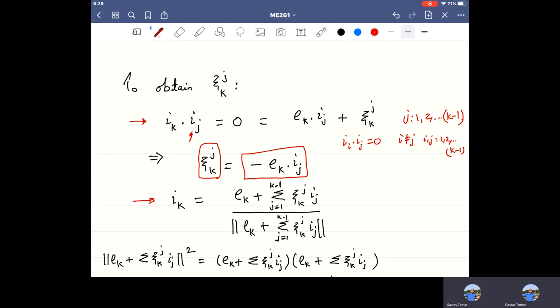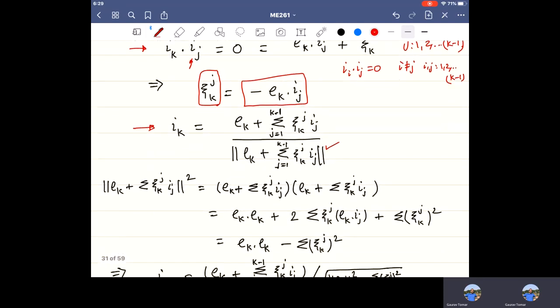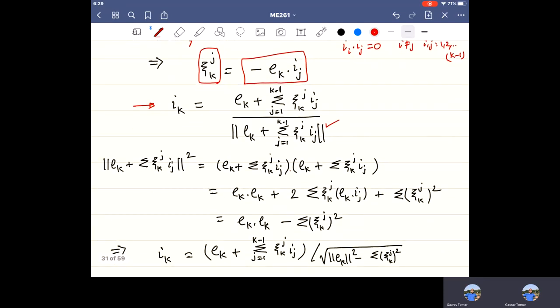Now the only thing you have to do is normalize it. To normalize it, you again take dot products in this fashion, a dot product between the two vectors, and that will give you ek dot ek.